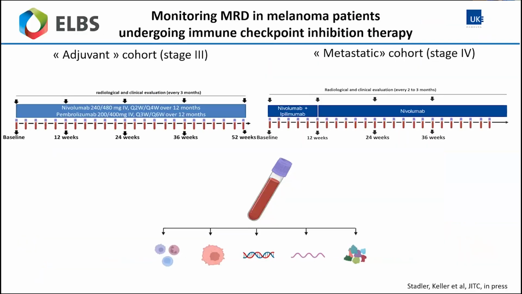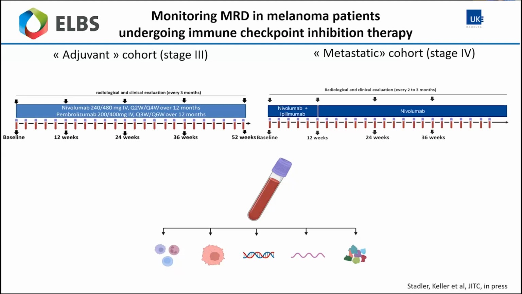So in melanoma, I think we have 2 cohorts that both receive immune checkpoint inhibition therapy. The one is an adjuvant cohort, with patients which are then monitored very densely. So we get blood samples every few weeks, and we have a metastatic cohort that is also monitored densely over time.